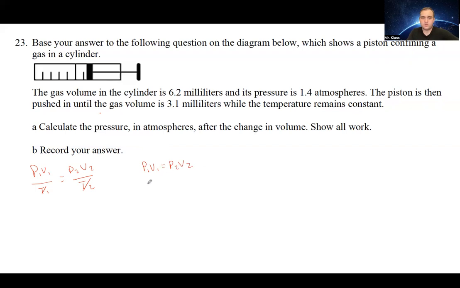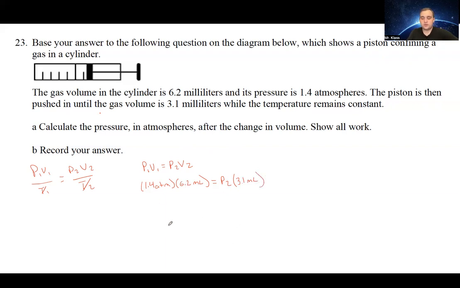We have 1.4 atmospheres, and our initial volume is 6.2 milliliters. We're calculating the second pressure, so we can keep that as P2, and our second volume is 3.1 milliliters.